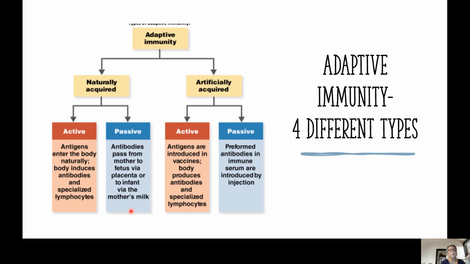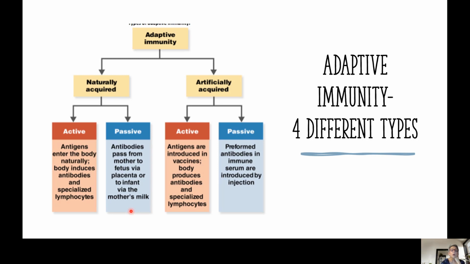We've either created the immune response ourselves, meaning we got the infection as adults or children, and we produced our own antibodies and lymphocytes actively. Or as a new baby or a breastfeeding baby, we got antibodies naturally produced from the human directly, passively to the baby.